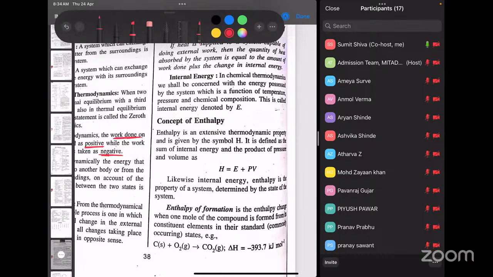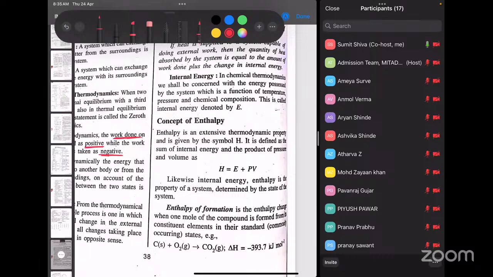Another important point about internal energy is that internal energy is a state function. It is not a path function. In thermodynamics, we have two types of variables or parameters, path function and state function. Path functions are the variables which are dependent on the path taken by the system, while state functions are the variables which depend only on the initial and final position of the system.